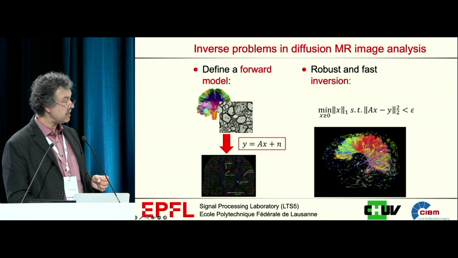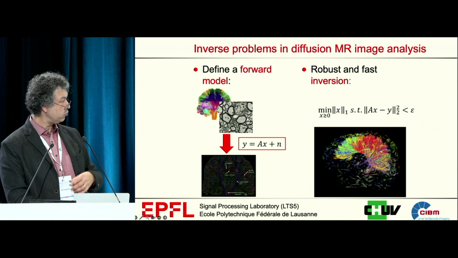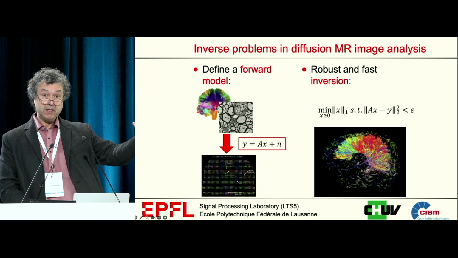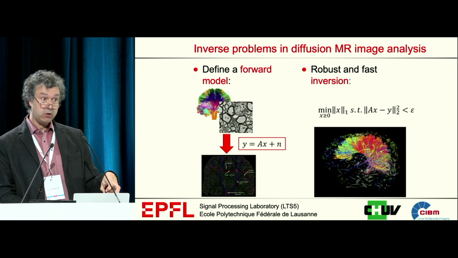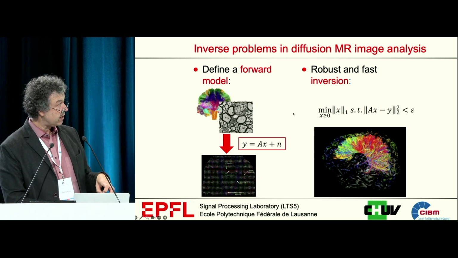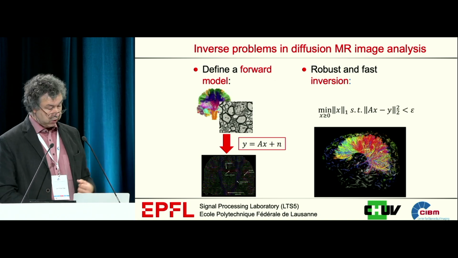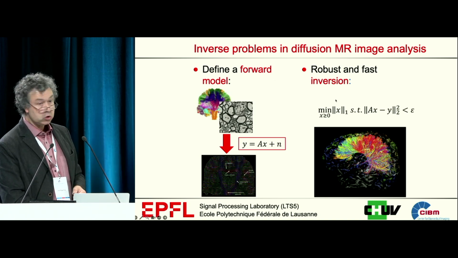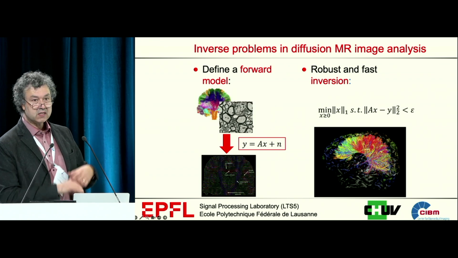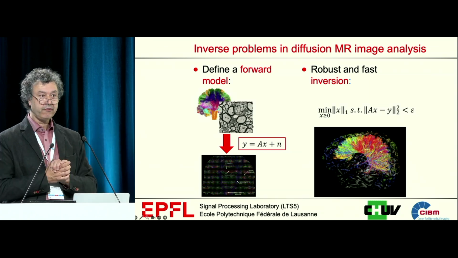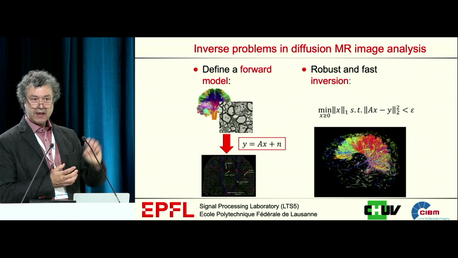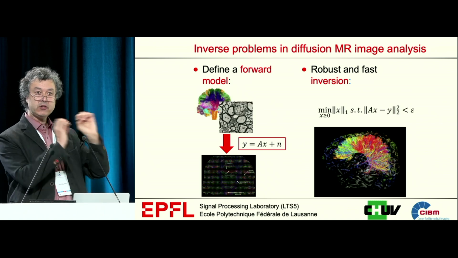Because when you understand that, the goal is then to take your MRI signal and reverse it to identify the parameters of the tissue that best explain your MRI signal. This is the second part, which is the inversion, and there are computational frameworks to do that. The initial work that we have done was to take a very simple model of the white matter tissue, like parallel axons, parallel tubes.